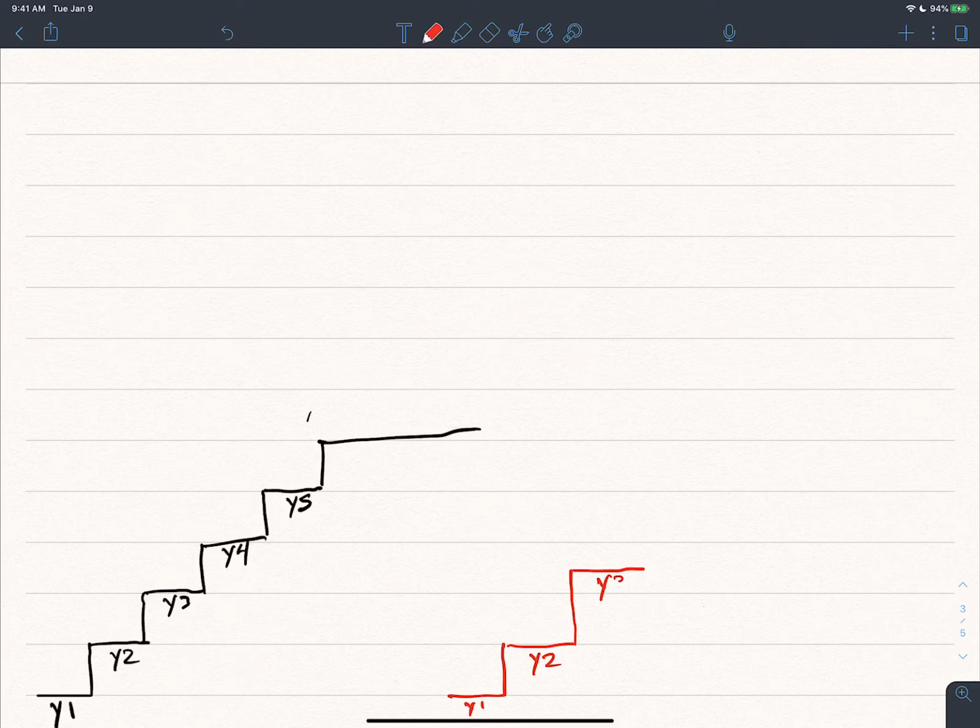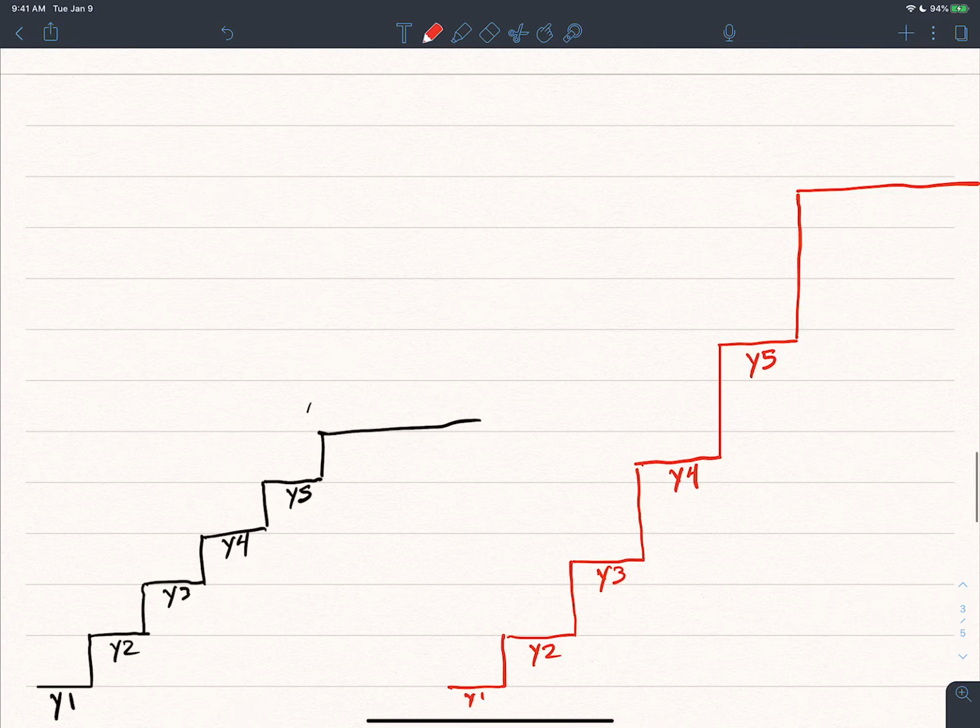And then year 3 passes, and then we go a little higher. Year 4 passes, and we go a little higher. Year 5 passes, and we go a little higher, right?